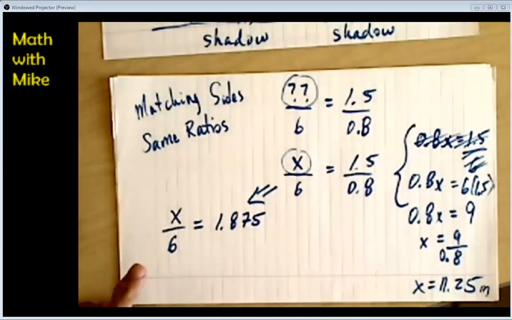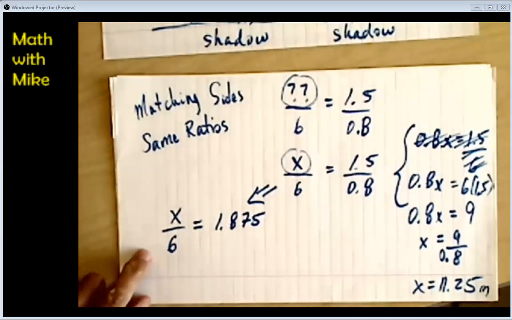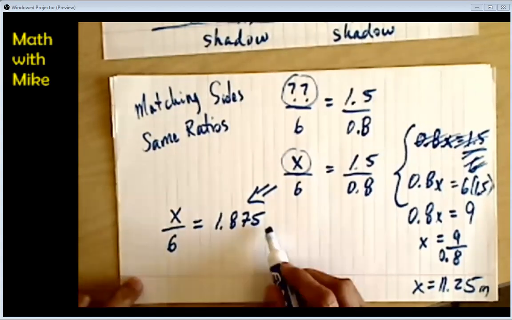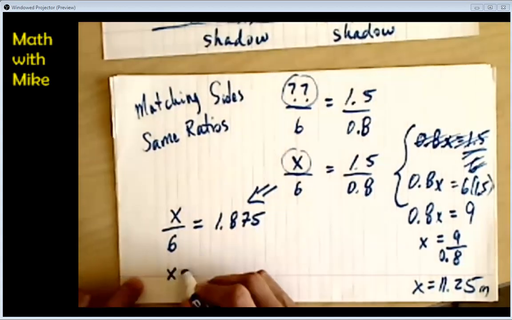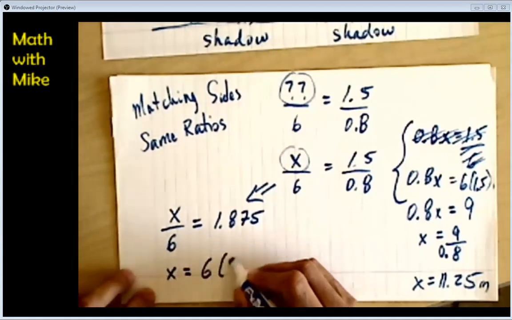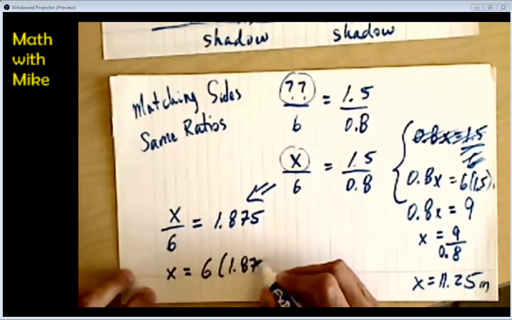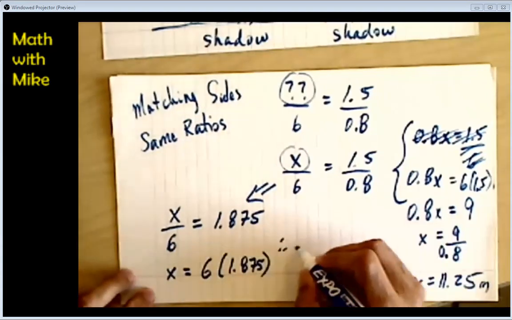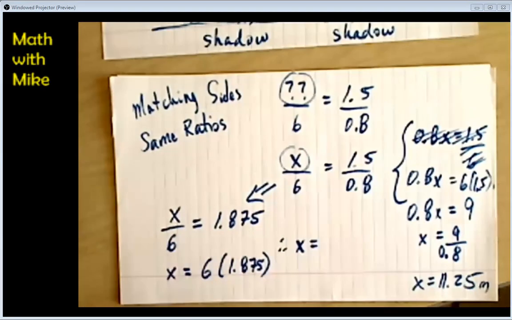To get x by itself, where does the 6 go then? Multiplies over there. So x is now equal to 6 times 1.875. Yeah, you work this out. I'll do it officially.